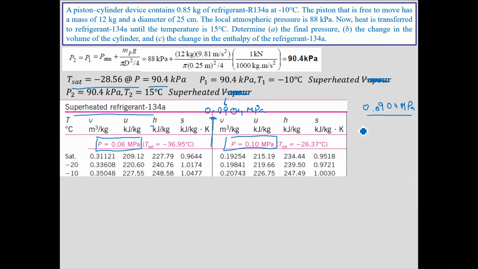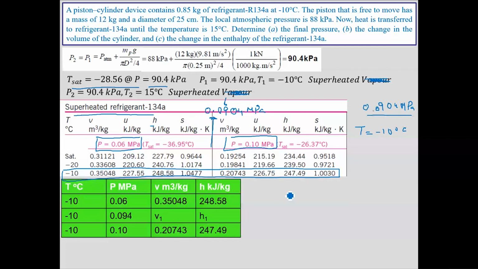Your first case is easy, where you have temperature equal to minus 10 degrees centigrade. For 0.06 megapascal and minus 10, the values are given to you. This column is given for both pressures. So you'll construct a table. You need the value of specific volume and enthalpy.